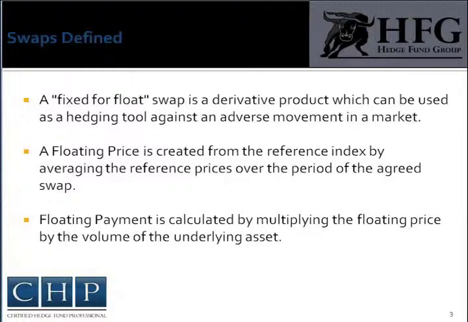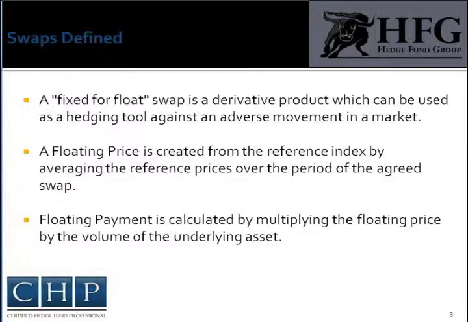A floating price is created from the reference index, the futures price which was just mentioned, by averaging the reference prices over a period of the agreed swap. Floating payments are calculated by multiplying the floating price by the volume of the underlying asset.